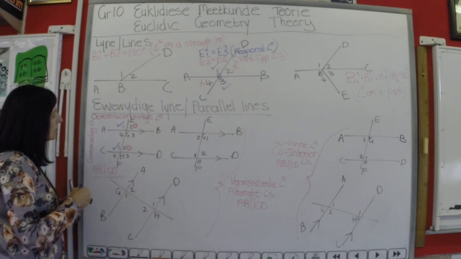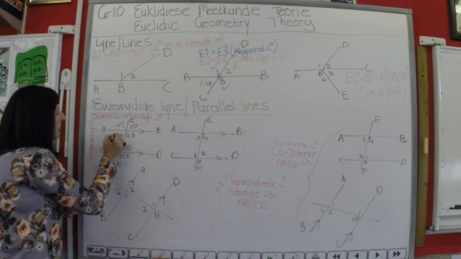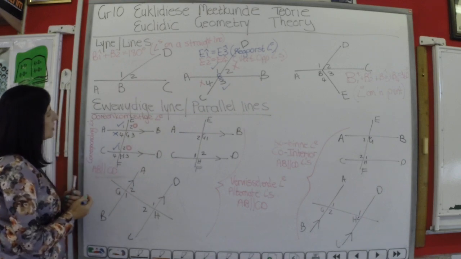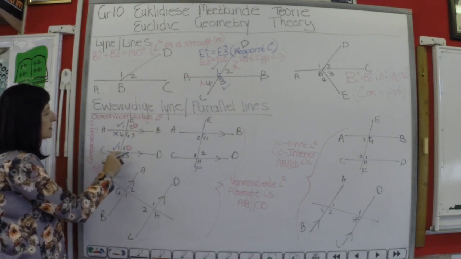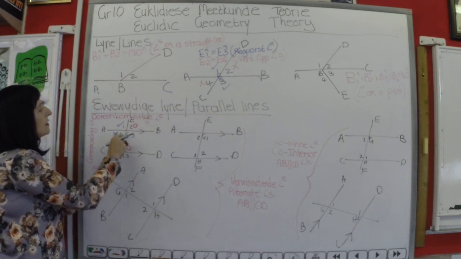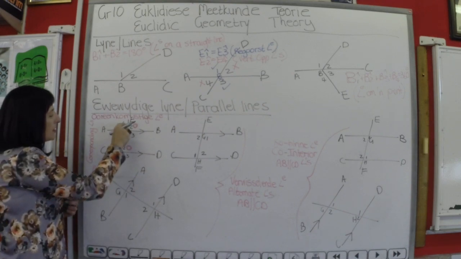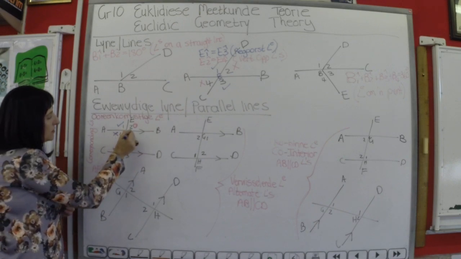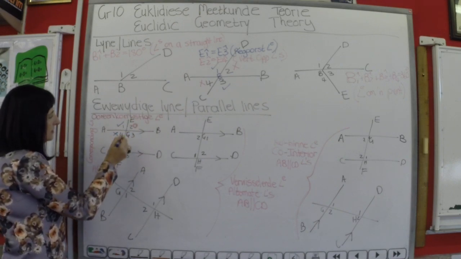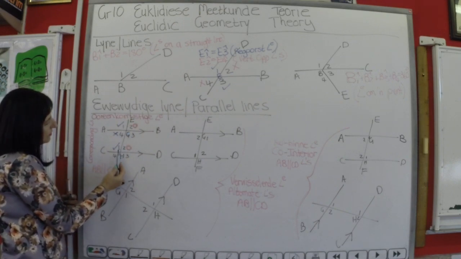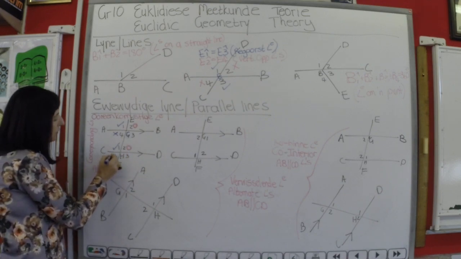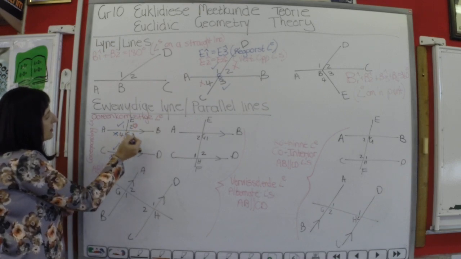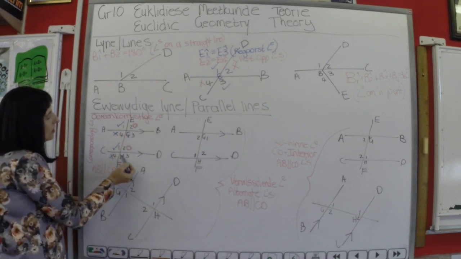Nog ooreenkomstige hoeke. G4, not E, sorry. G1 equals H1. This is point G, not E. Okay? G1 equals H1. G4 equals H4. En G2 is gelyk aan H2.